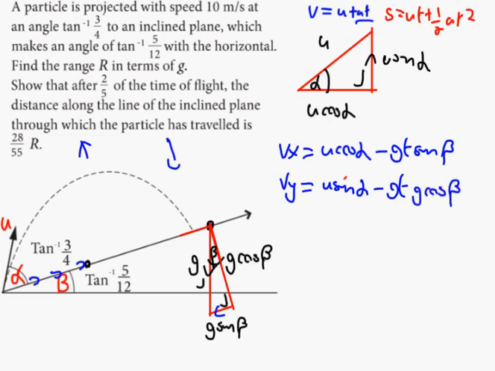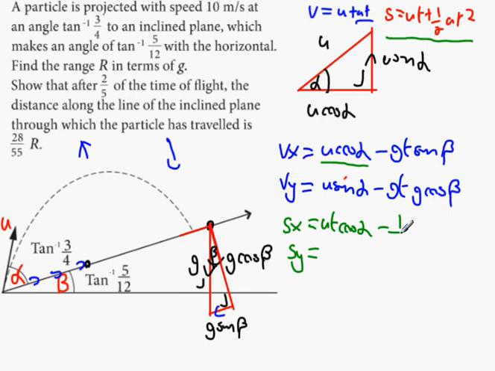Now, we're going to change to the s formulas, which is Sx and Sy. So, what about Sx, guys? Same thing as this one here, except add on a t. ut cos alpha. Same thing as this one here, half it and add on another t.